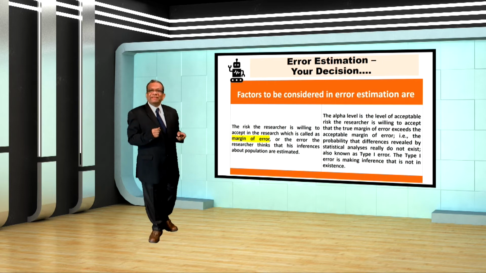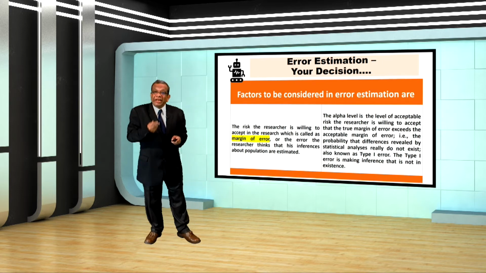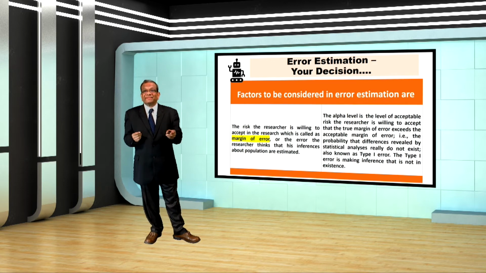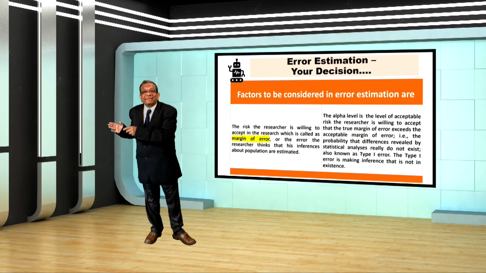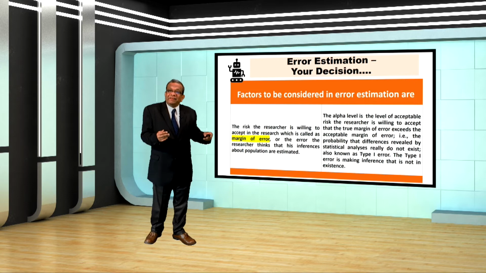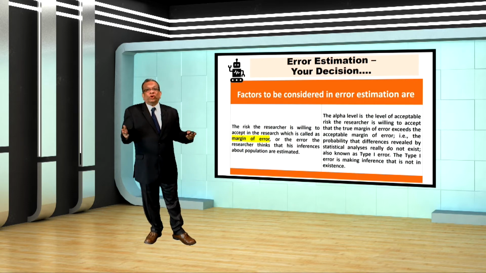The alpha level is the level of acceptable risk the researcher is willing to accept that the true margin of error exceeds the acceptable margin of error. That is, the probability that the differences revealed by the statistical analysis really do not exist is also known as type 1 error.